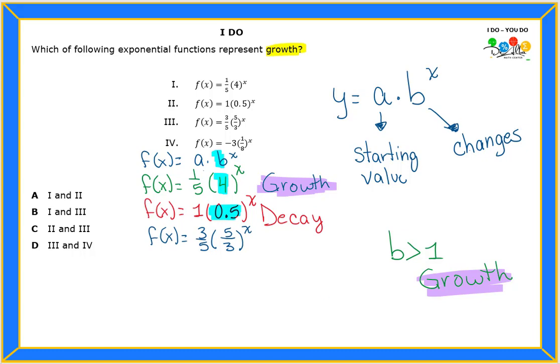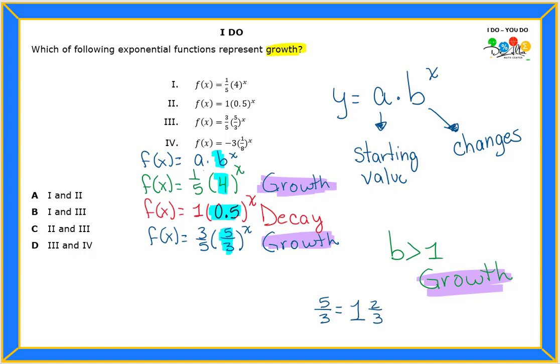And you got to remember that 5/3, it's an improper fraction. So this is actually equal to 1 and 2/3. So that basically is greater than 1. Is that right? So this is a growth. Very good. Okay? And that's what I'm looking for. I'm looking for a growth, right? And again, I'll focus only on this number.